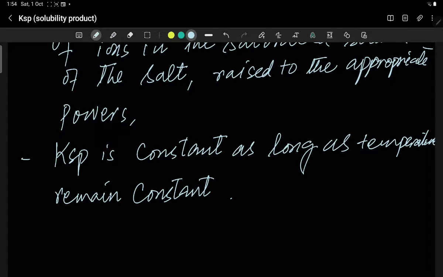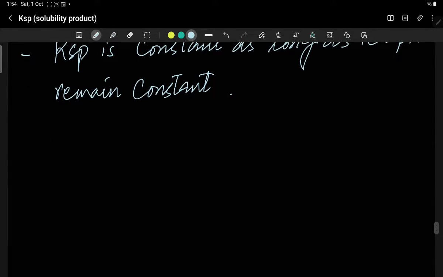So consider a saturated solution of a sparingly soluble salt in contact with a solid solute. In this state, there is equilibrium between the undissolved salt and its ions in solution.